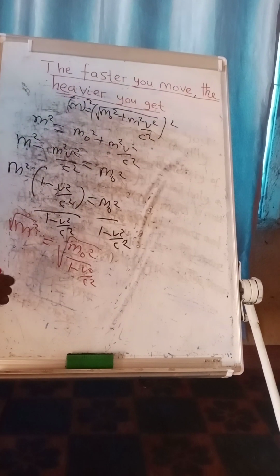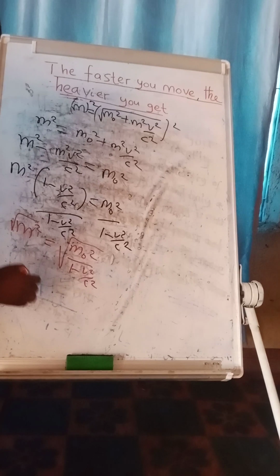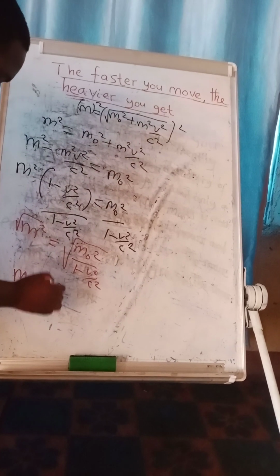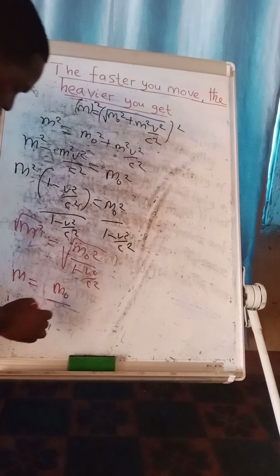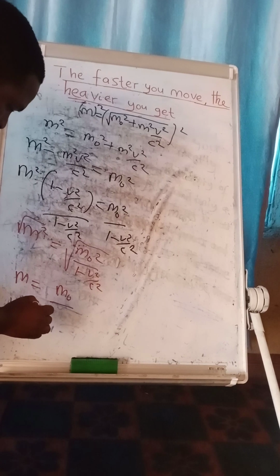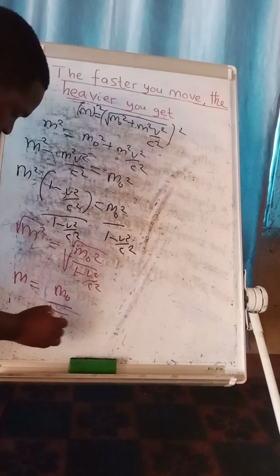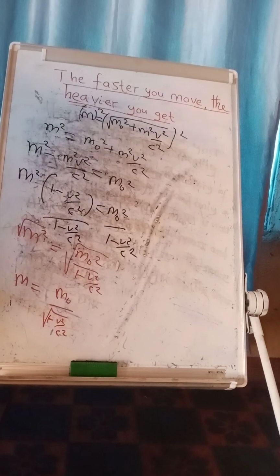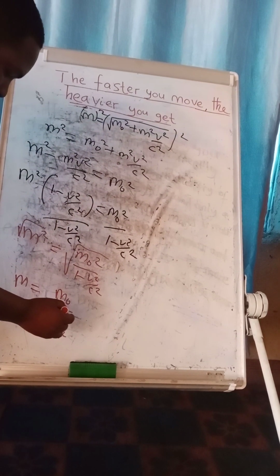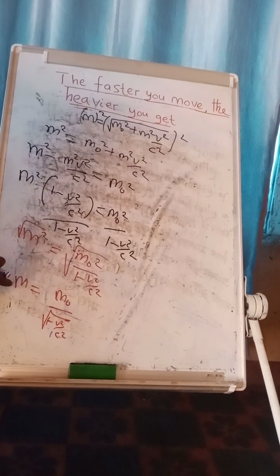Taking the root of both sides, m will be equal to m naught over the square root of 1 minus v square over c square. So this is the relativistic mass.